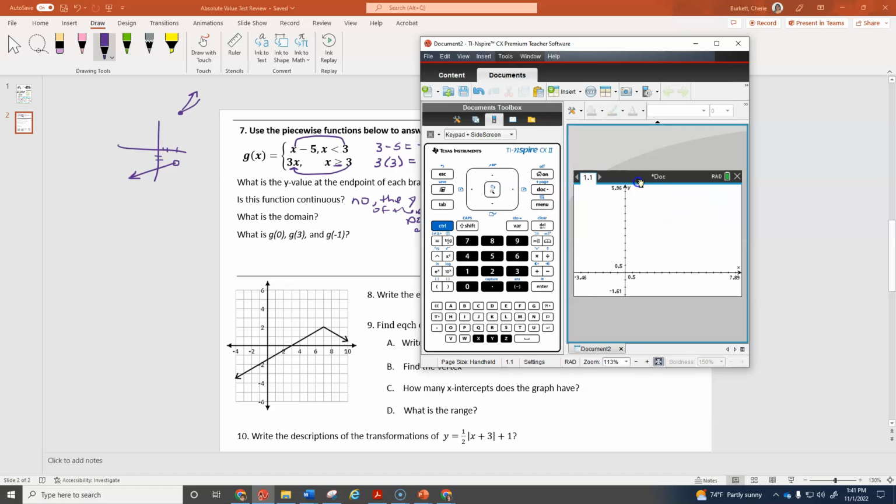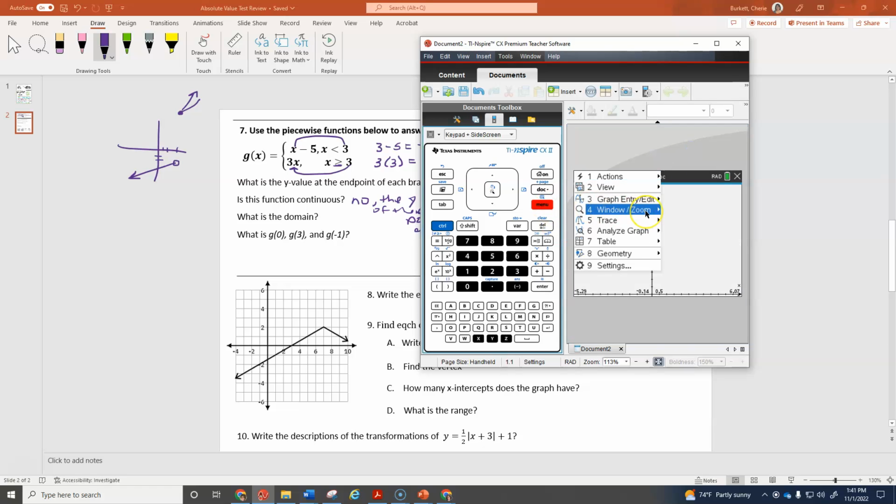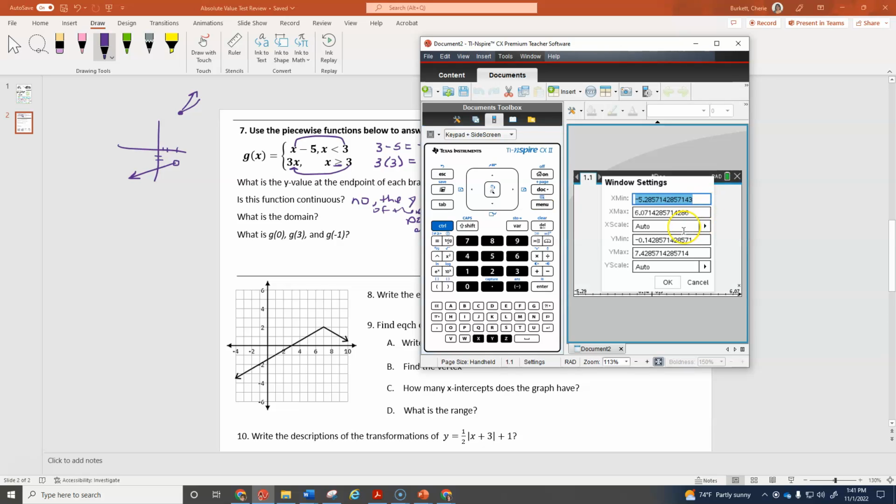I need to change my window to see it. See, there's the top graph, there's the bottom graph. I can change my window. Menu, window, settings, and I want x down, -5 is fine, but the y needs to be up at, let's say, 12.